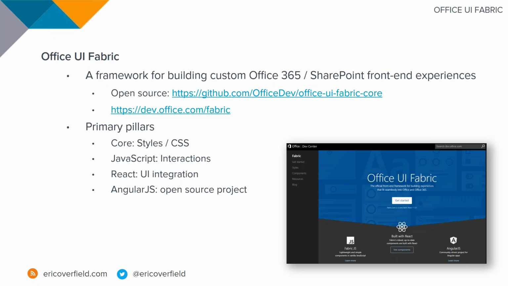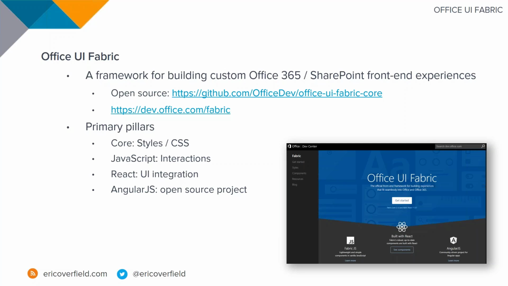UI Fabric has also been pre-integrated with React, which is another open source library that is maintained by Facebook and is used for creating really good-looking UIs. So Fabric UI and React are already pre-combined together. If you use React, you can very easily use Fabric, much easier than if you were just trying to use it with raw HTML.